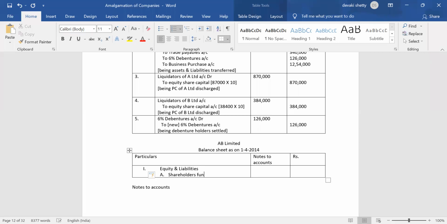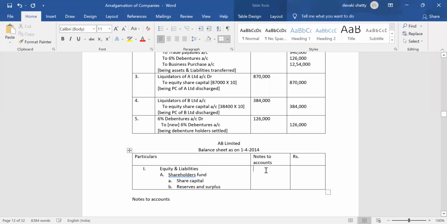Shareholders fund. शेयरहोल्डर्स फंड में आएगा शेयर कैपिटल, रिजर्व्स एंड सरप्लस. नोट नंबर 1, नोट नंबर 2. So let us go to note number 1. शेयर कैपिटल.